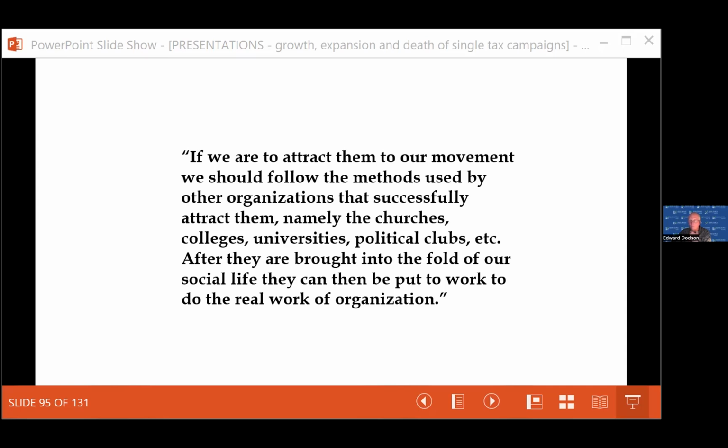Now, there's one point that has to be made. Many efforts were made by people to bring local people in and invite them in to get them interested. And that was always very difficult. It only became theoretically possible with the formation of Common Ground USA and chapters in local communities with members.